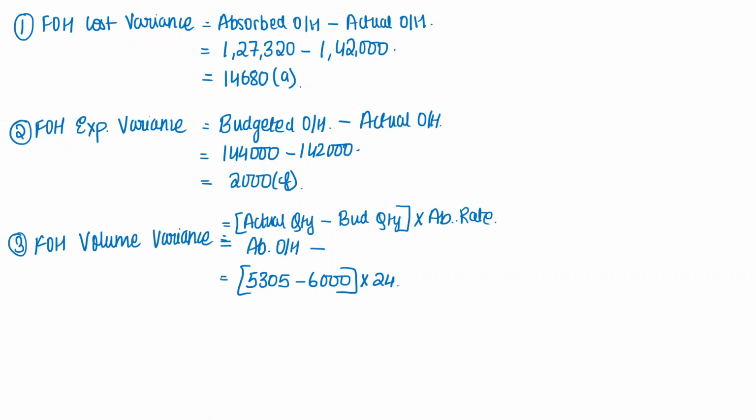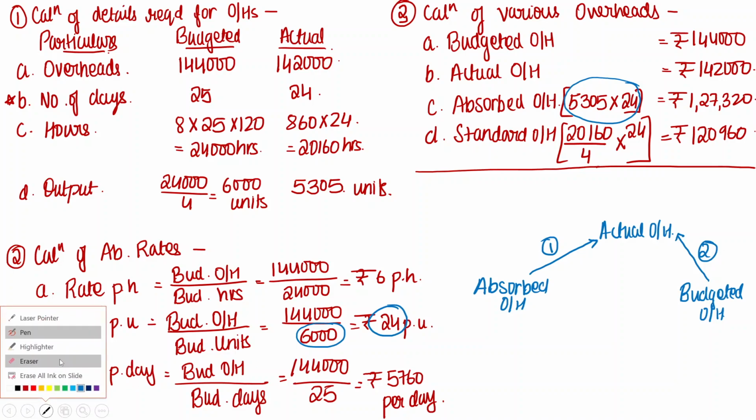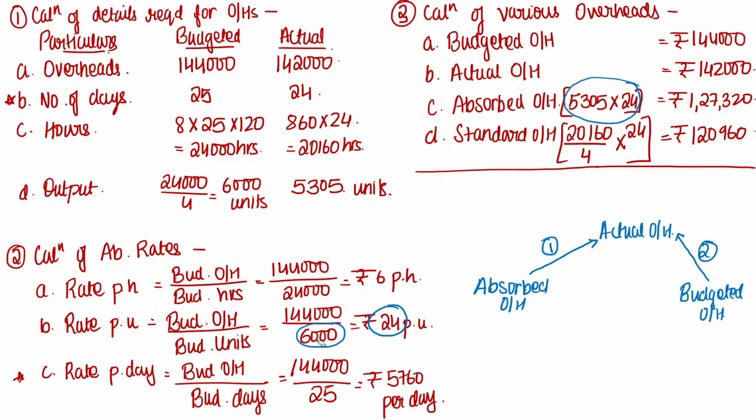What is budgeted quantity into absorption rate? Budgeted quantity into absorption rate will give me what? Do 6,000 into 24.